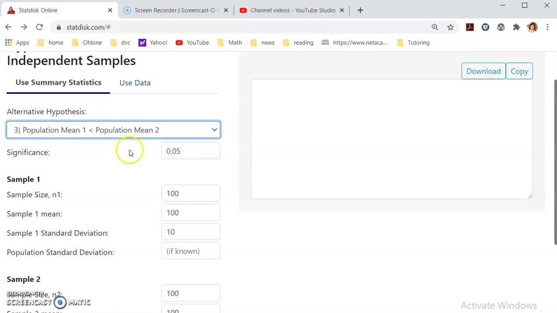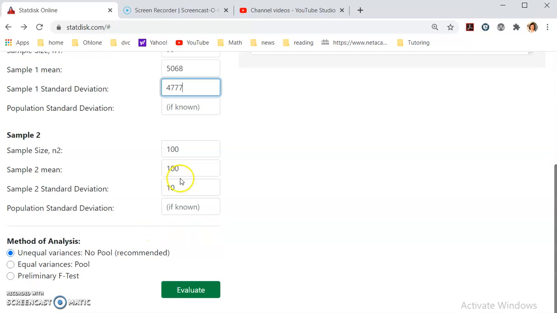So it's a left-tail test. Significance level 0.05. Sample size 35. I've written it down. 5068, and then the sample standard deviation is 4777. The other one would also be 35.